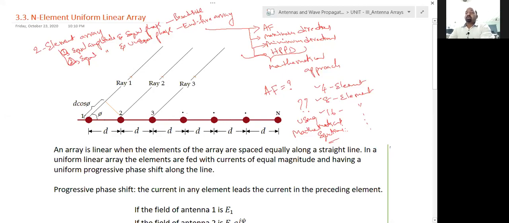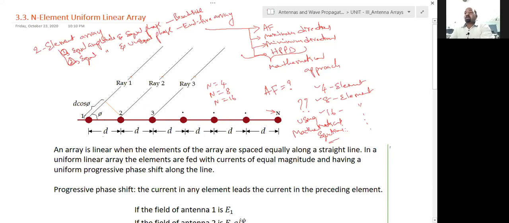So in the figure you can see an array of N elements, 1, 2, 3, and so on, up to N. For example, if N is equal to 4, it is called a 4 element array. If N is equal to 8, it is called an 8 element array. If N is equal to 16, it is called a 16 element array.